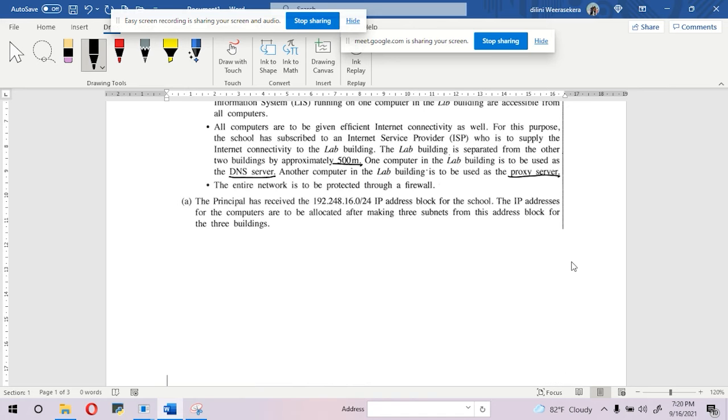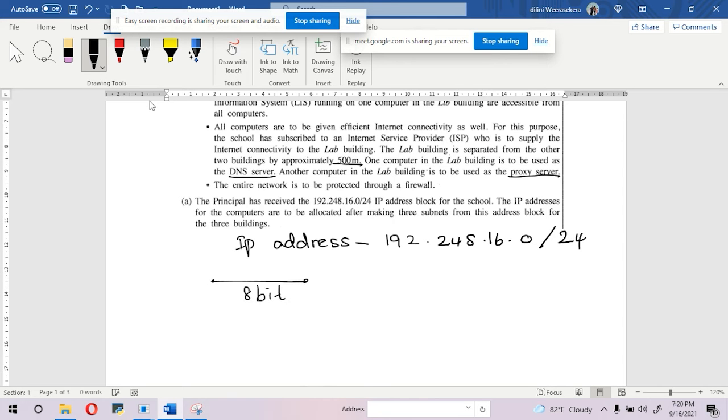Now, what is the IP address we obtained? It is 192.248.16.0, and here it's given /24, which means at the moment 24 bits are allocated for the network. 8 bits are allocated for the network, then another 8 bits, that is 16, and the next one.